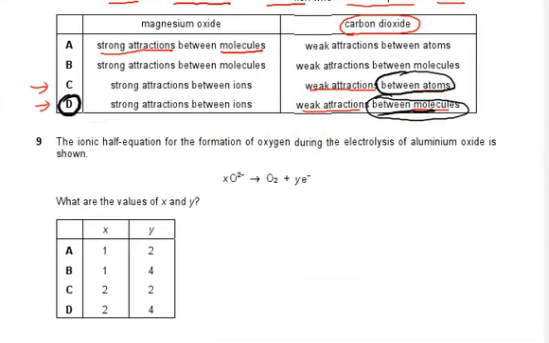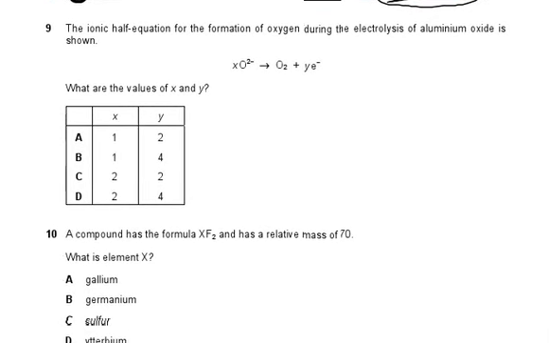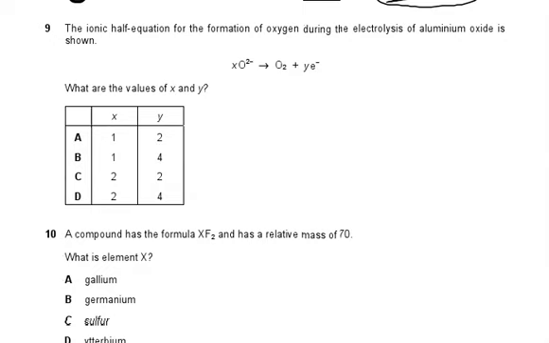Now let us look at number 9. The ionic half equation for the formation of oxygen during electrolysis of aluminium oxide is shown here.